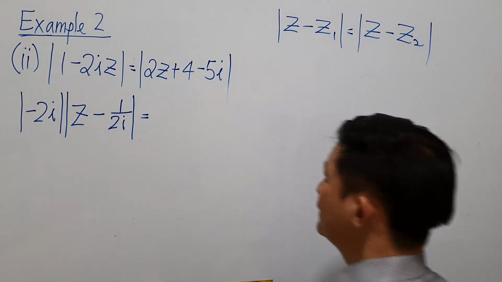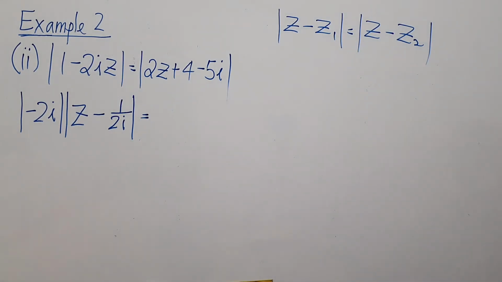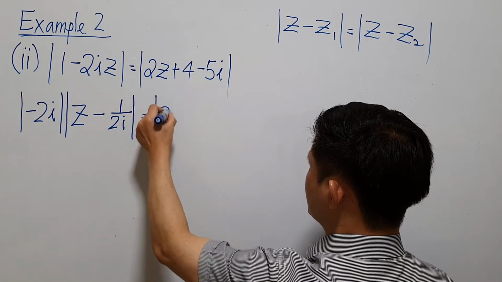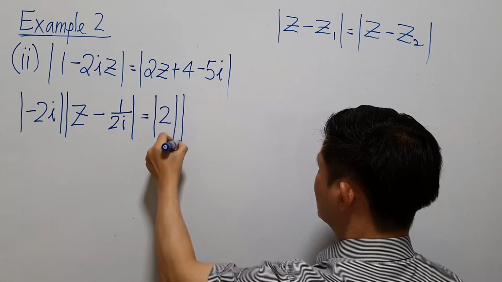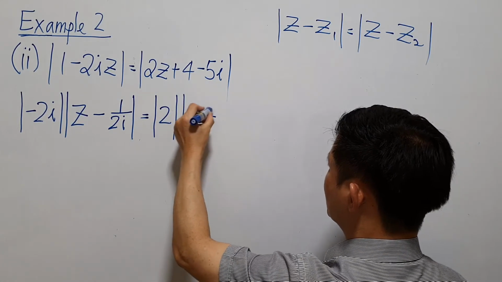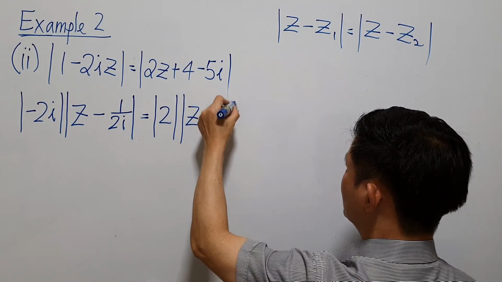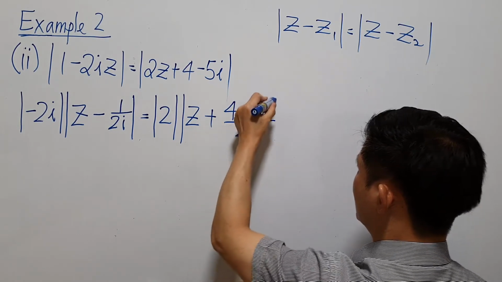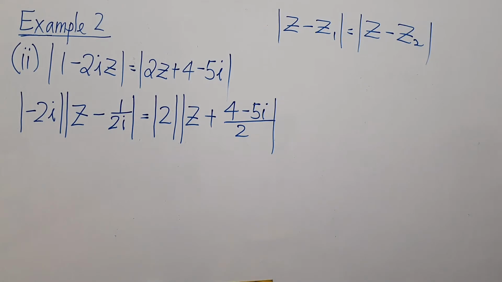What have I done? I have simply factorized the minus 2i on the left. And on the right, I'm going to do something similar. So what I've done here is simply some factorization.